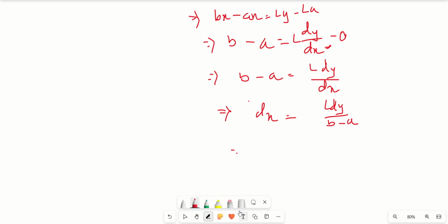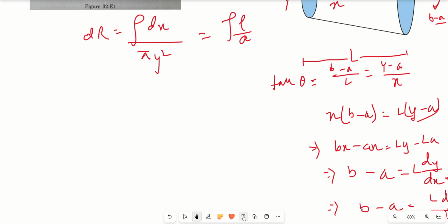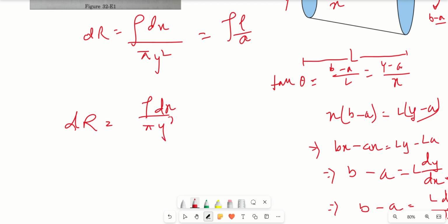We also have this equation here, which is dR equals rho dx by pi y square.